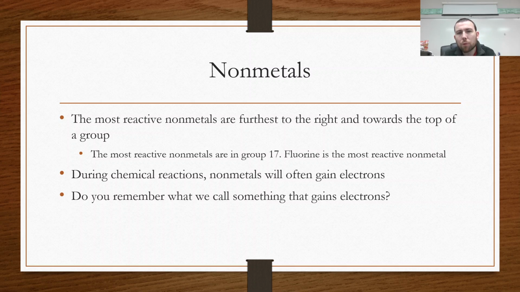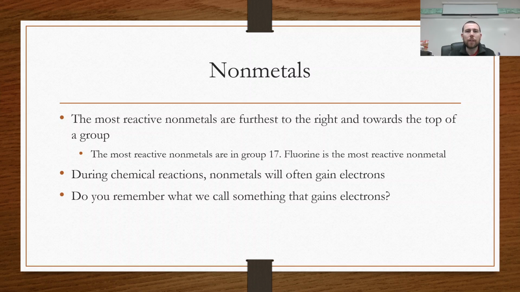Do you remember what we call something that gains electrons? It has a very specific name. Okay, hopefully you had a chance to think through that. The specific name that we call something that gains electrons is an anion. So our nonmetals will form anions during chemical reactions.